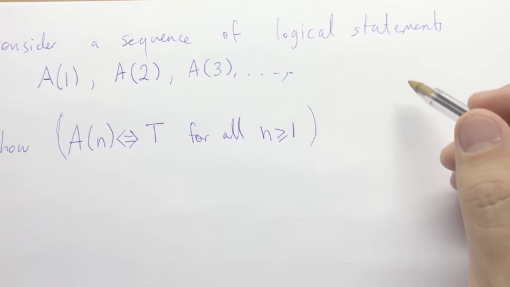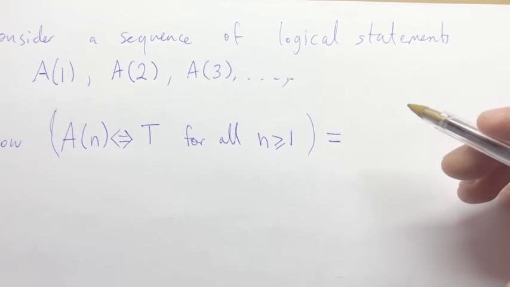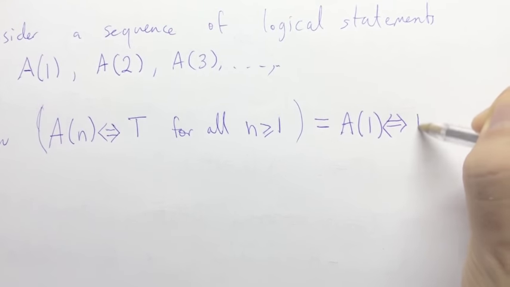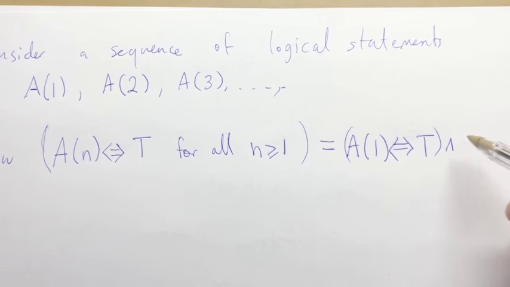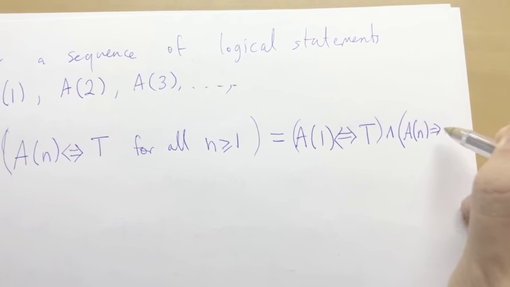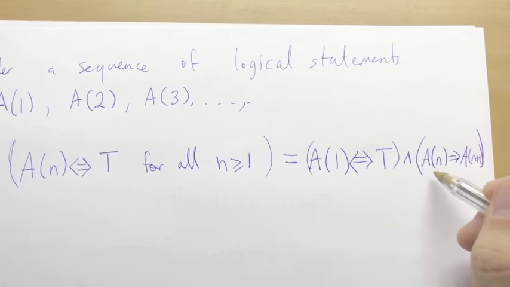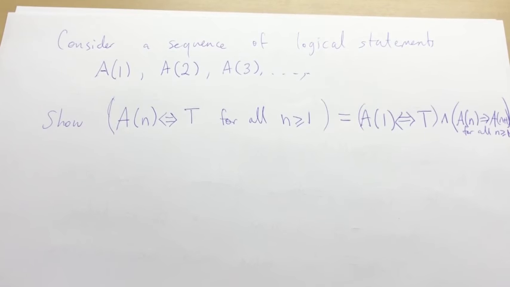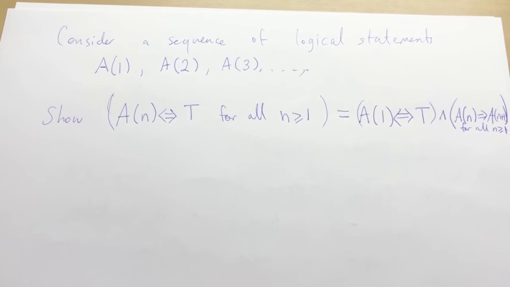Saying this is the same as saying A of 1 is true, and A of n implies A of n plus 1 for all n greater than or equal to 1. Think about it for yourself for a while, that'd be great, and I'm about to continue on to discuss this problem further.